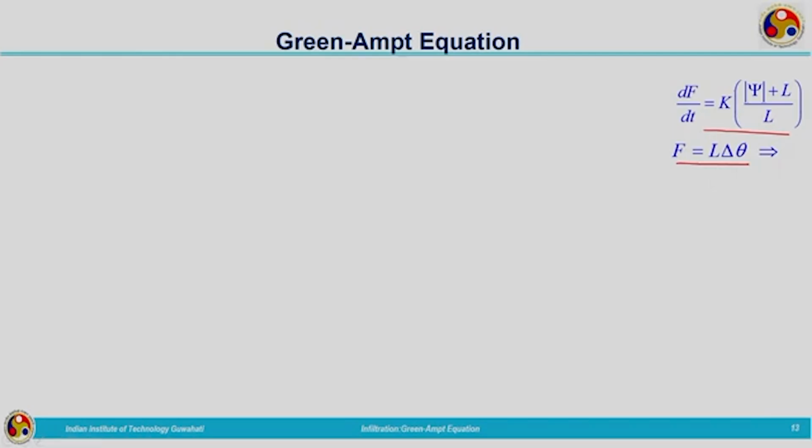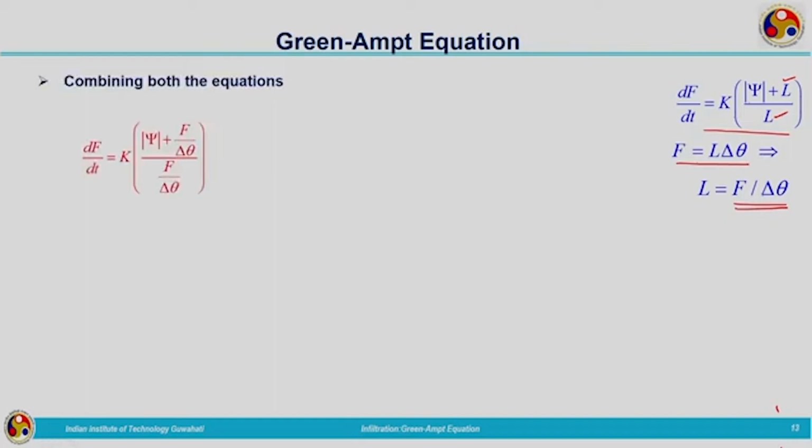So, L, that is the depth of the wetting front, is present over here also, but at a time t, how much is the depth of the wetting front, we do not have any idea. So, we will make use of the continuity equation, and L is represented by cumulative infiltration divided by delta theta. So, combining both the equations, for L in this equation, we will substitute this expression from the continuity equation.